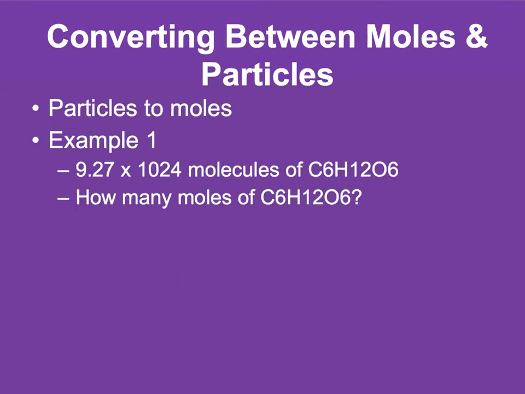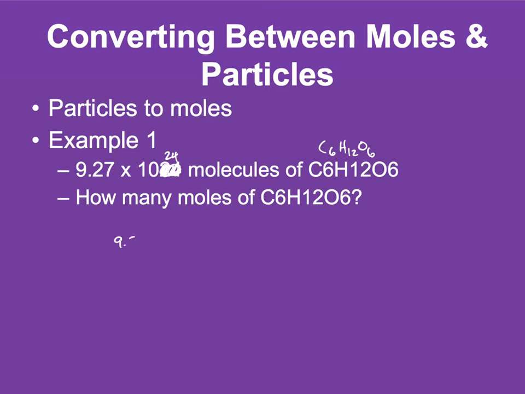Okay, if we're going in reverse here, 9.27 times 10 to the 24th molecules of, and I'll rewrite these so you can see them a little bit clearer, C6H12O6, glucose. So how many moles of glucose do we have?